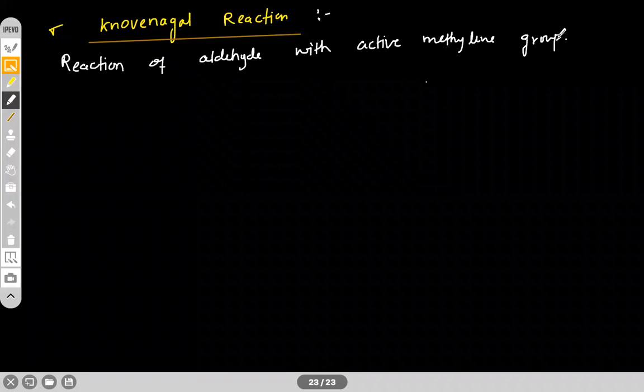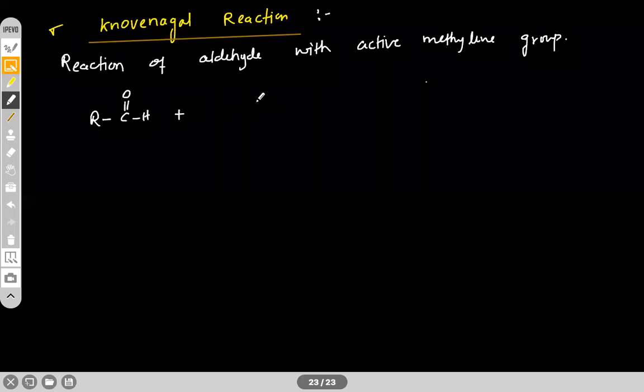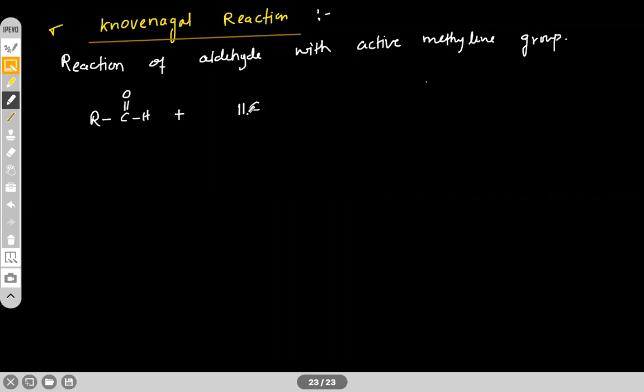Now you see, you have an aldehyde RCHO and an active methylene group. We know CH2 is the active methylene group when electron withdrawing groups are attached on both sides. Z is any electron withdrawing group, correct?